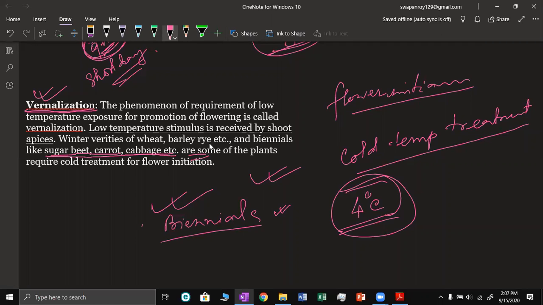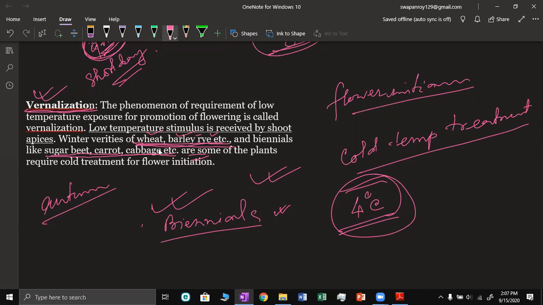There are winter varieties of wheat, barley, and rye. These varieties are cultivated during autumn.